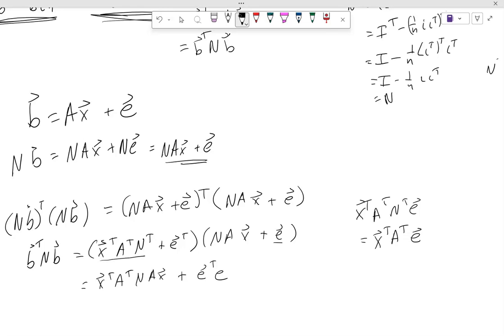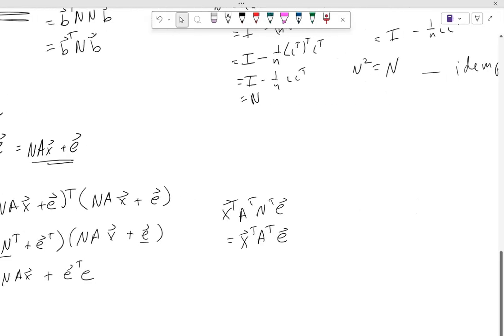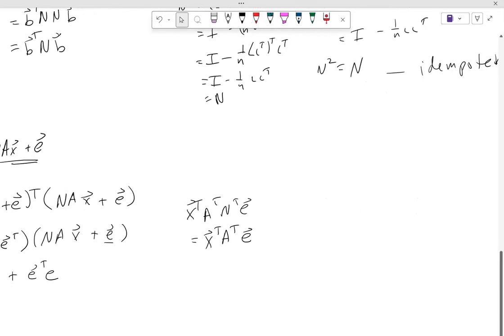It was A transpose A inverse times A transpose times B. So your X really is A transpose A inverse times A transpose times the B, right?